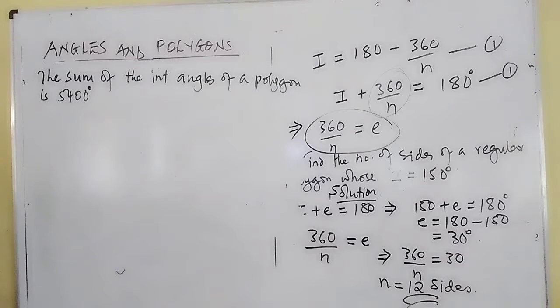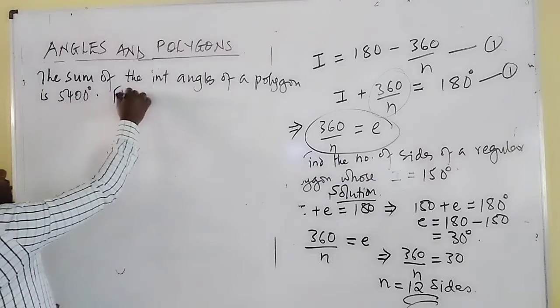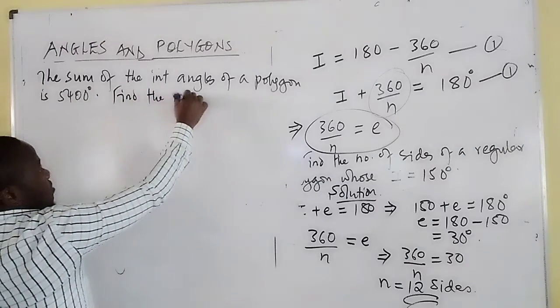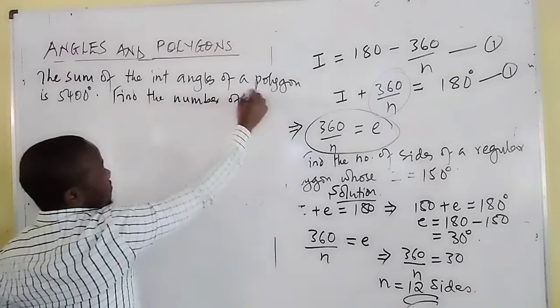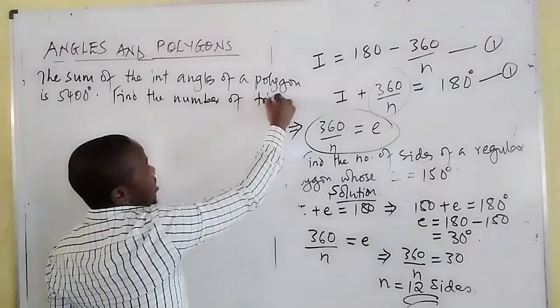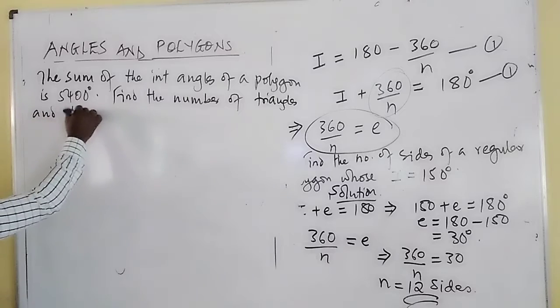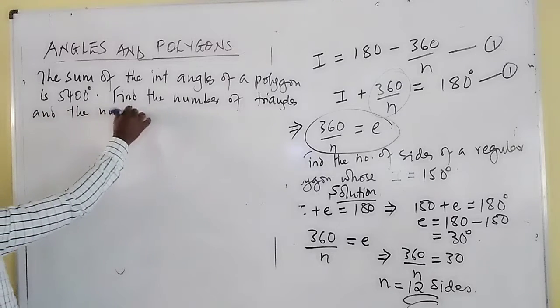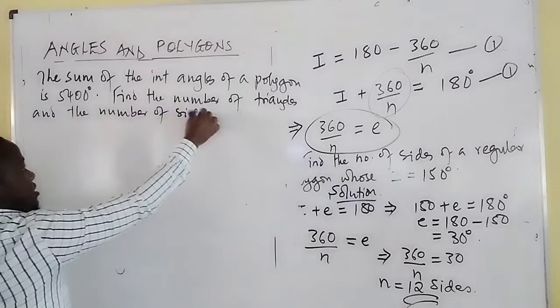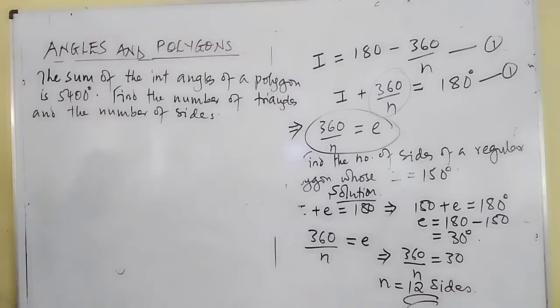Find the number of triangles and the number of sides. Solution.